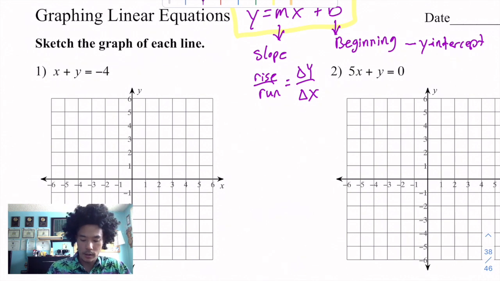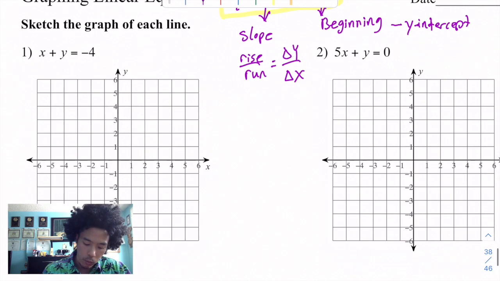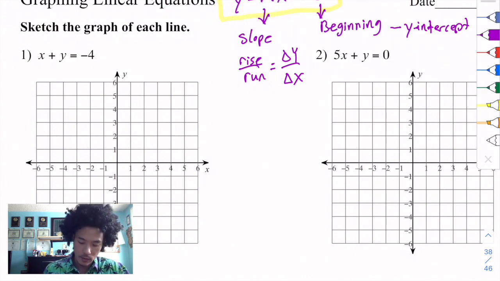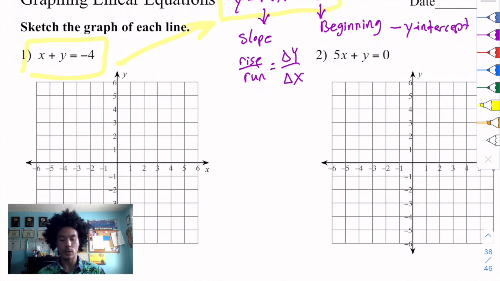For number 1 here, we have x plus y equals negative 4. You guys probably notice this does not look like y equals mx plus b. Our goal is to make that equation look like that.